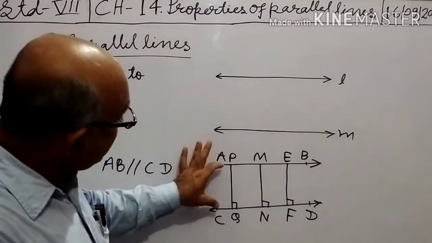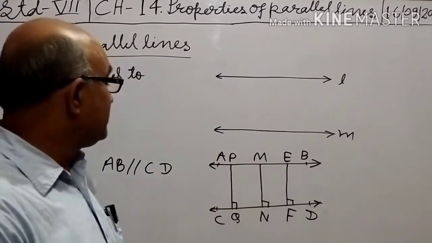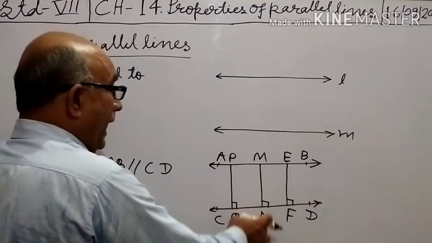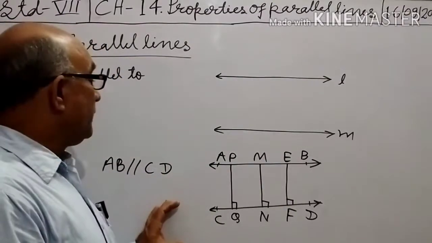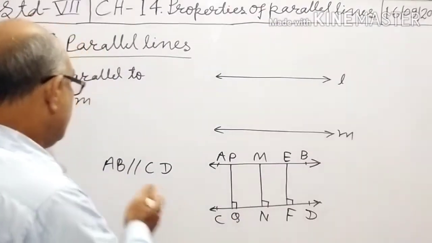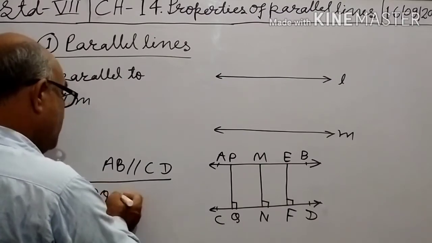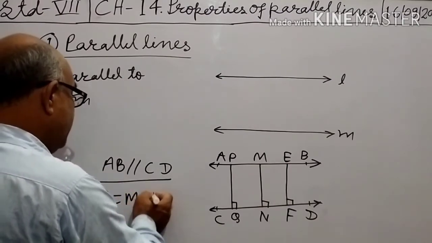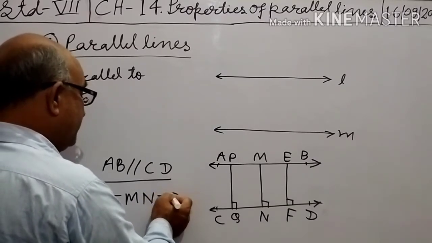Students, measure the perpendicular distance between lines AB and CD at PQ, MN, EF. The distance between two parallel lines is equal everywhere. So PQ equal to MN equal to EF.